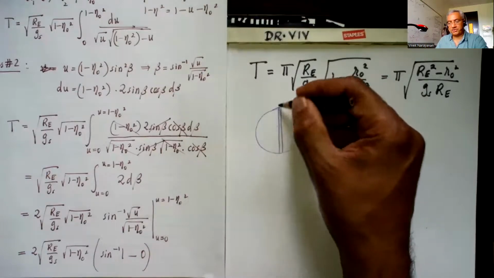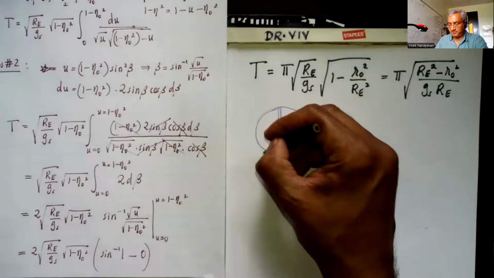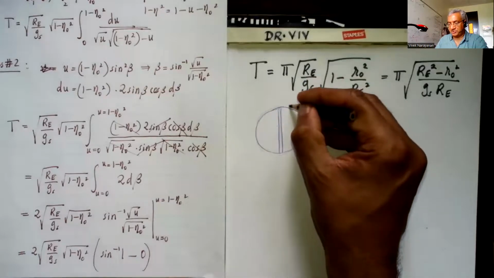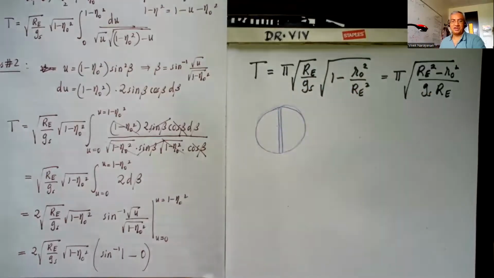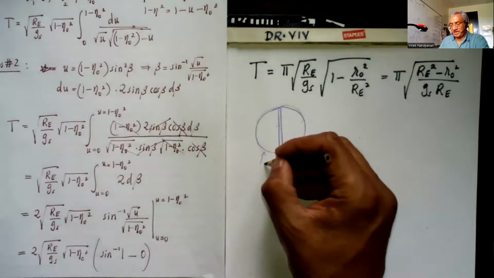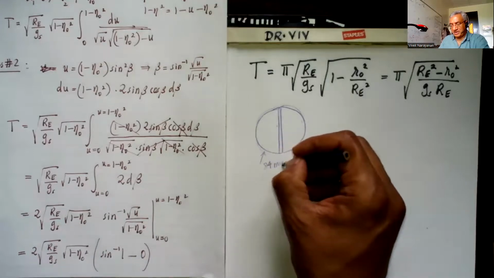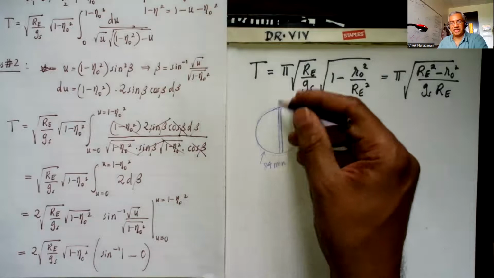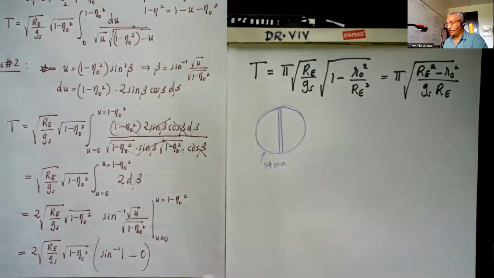The period required for that is the same as the period required for something to orbit the Earth at the Earth's ground level. Now that's never going to happen, because who's going to orbit the Earth at ground level? But that period turns out to be 84 minutes. And that's the same as the period of simple harmonic oscillation through a tunnel. So we have to get 84 minutes if you do this calculation.